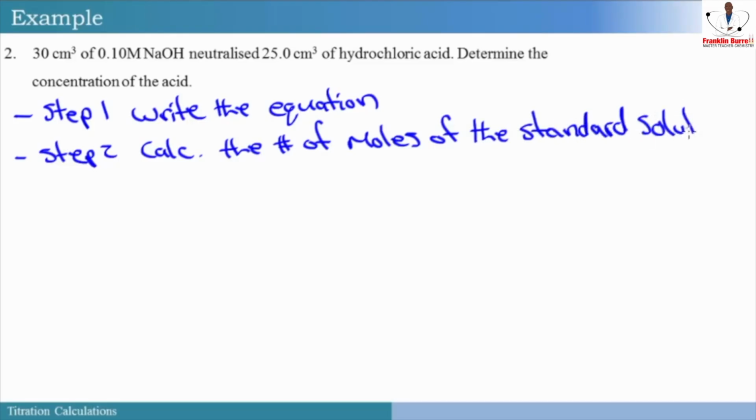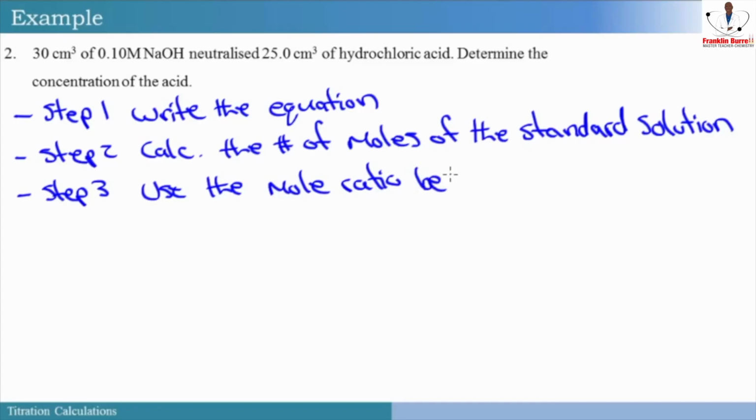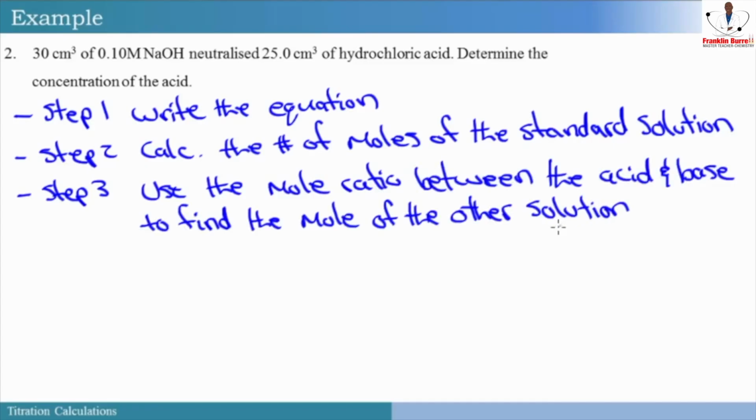Step 3 would be to use the mole ratio between the acid and base to find the moles of the other solution. Once we find the moles of the unknown solution, we can now go ahead and find the concentration.